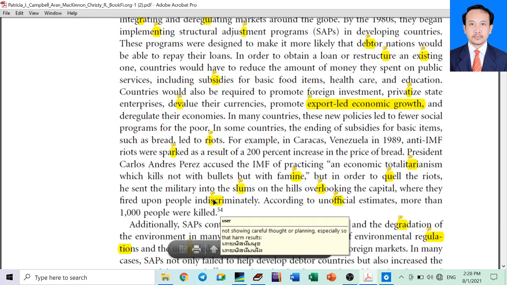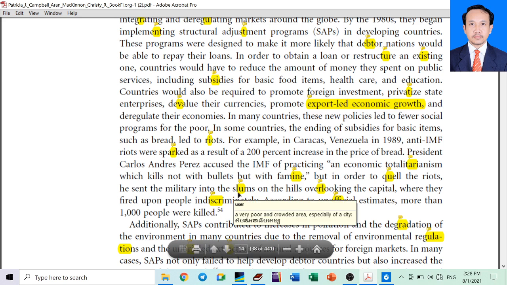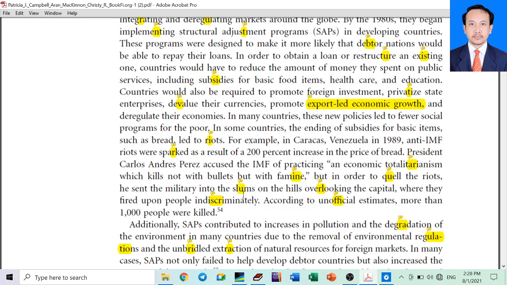Indiscriminately: not showing careful thought or planning, especially so that harm results. Indiscriminately. And look above, I skipped one line. Slum: very poor and crowded areas, especially of a city, with a lot of people living there. And overlook: to provide a view of, especially from above, more below.